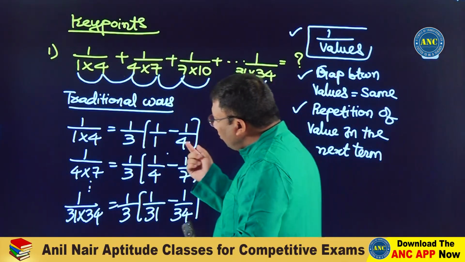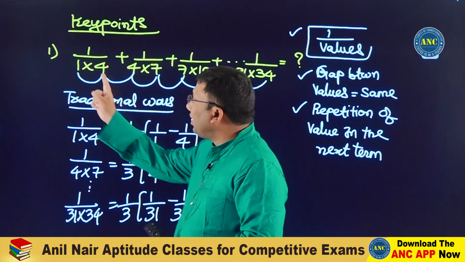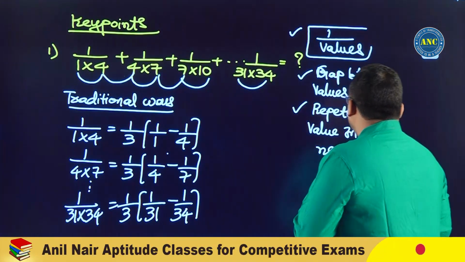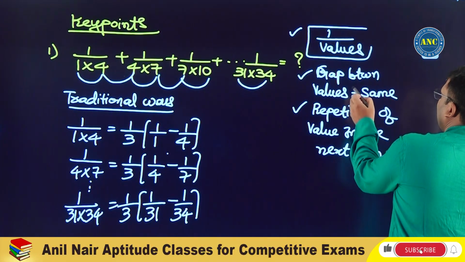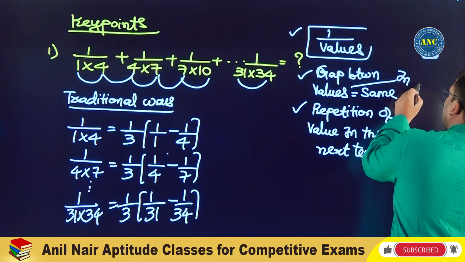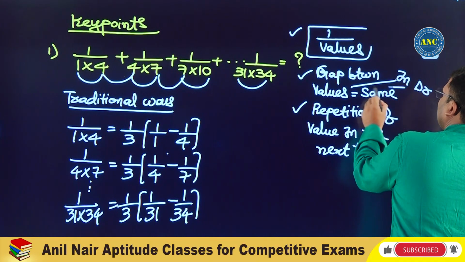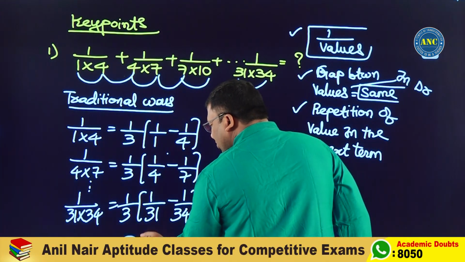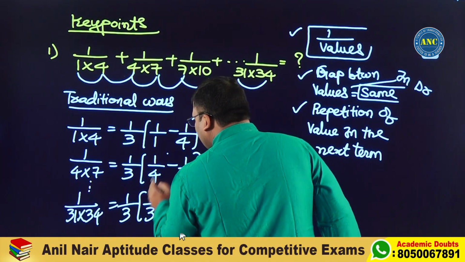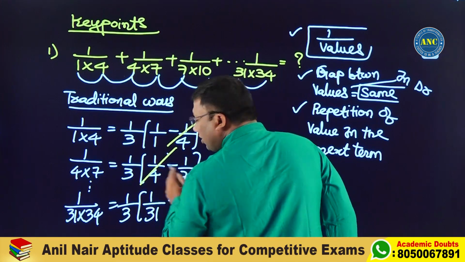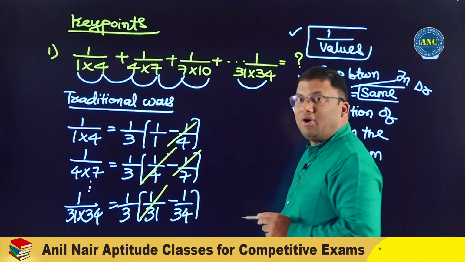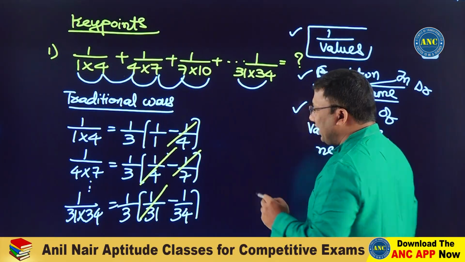Sir, from where did you get this idea? The difference between the values in the denominator is the same, and that common difference is what I took out. Because of this, minus 1 by 4 plus 1 by 4, minus 1 by 7 plus 1 by 7, all intermediate values get cancelled.